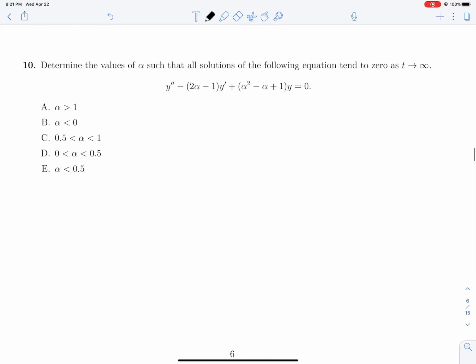10, a weird one. Let's determine the values of alpha such that all solutions of the following equation tend to 0 as t approaches infinity.